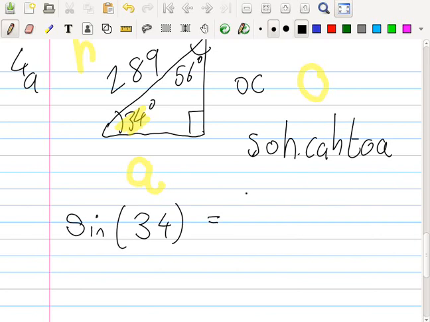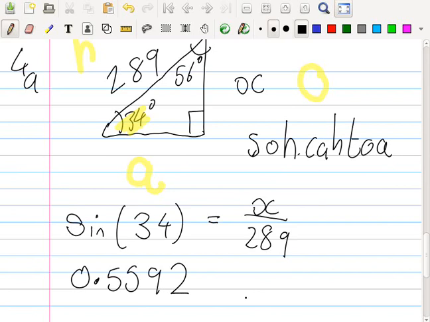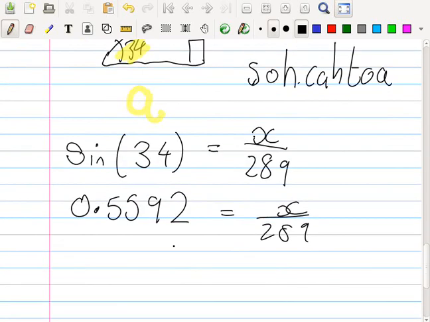Opposite over hypotenuse. So what fraction do I write here? x over 289. Right. So what's sine 34 now, Sadiq? 0.5592 equals x over 289. So now you can tell me what the x is, please.